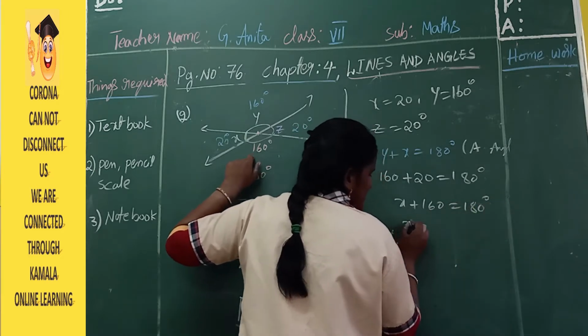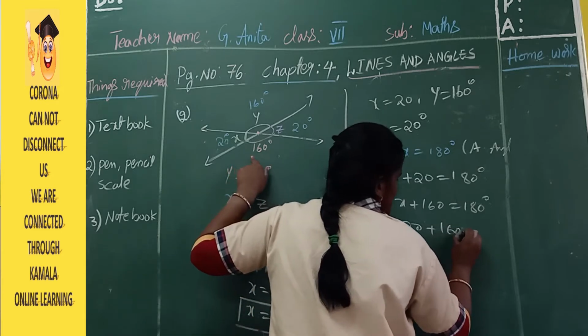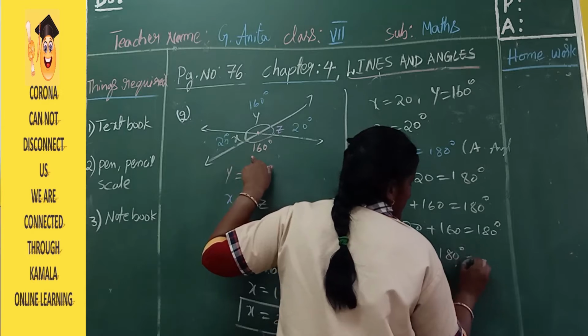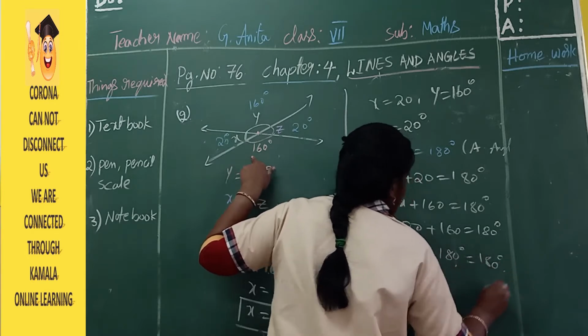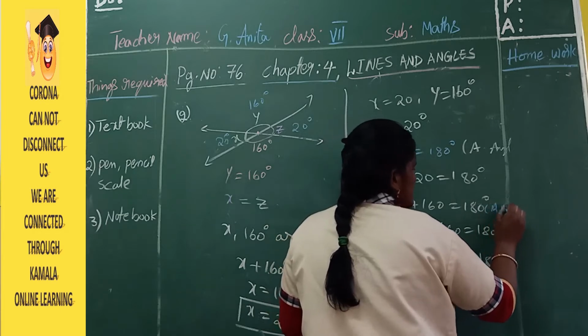So x means 20 degrees, and 20 plus 160 is equal to 180 degrees. Yes, adjacent angles.